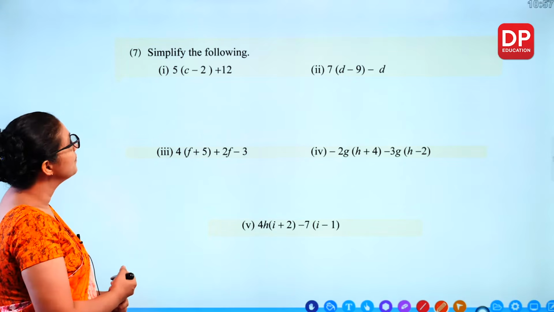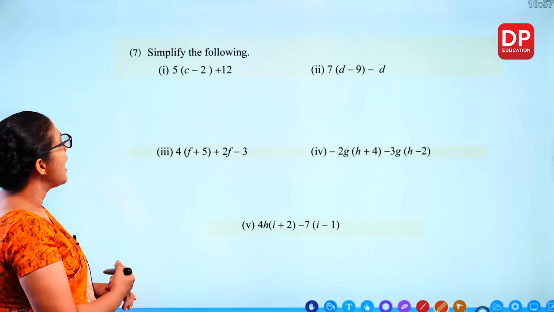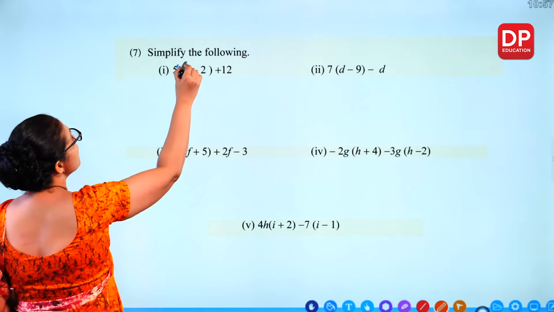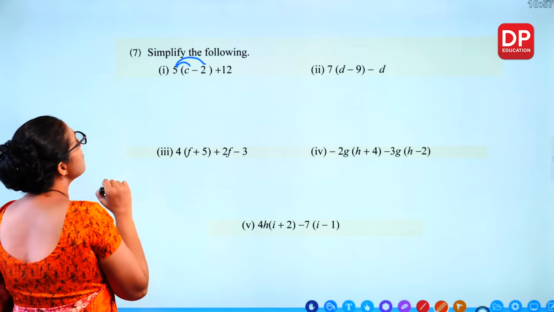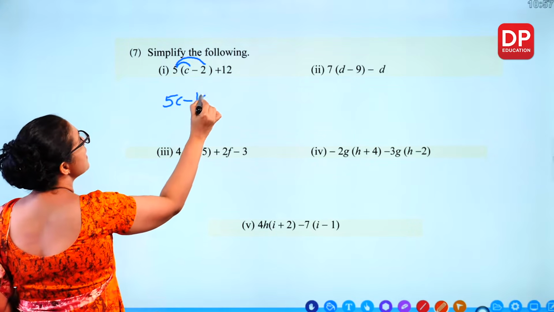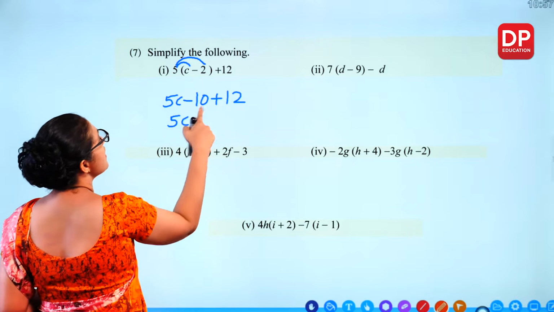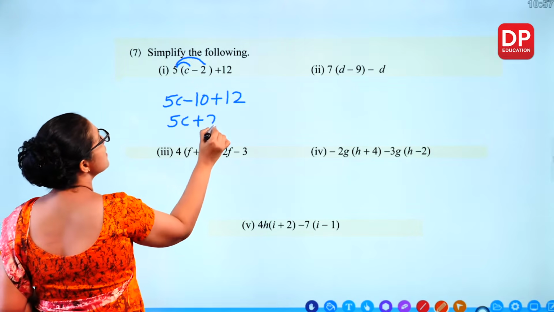Simplify the following. Now that means expand brackets and then add like terms. So we can first use the rainbow method and multiply. 5c minus 10 plus 12. 5c, minus 10 and plus 12 you get plus 2.